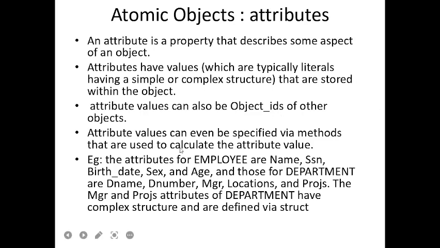Then attribute values can even be specified via methods that are used to calculate the attribute value. Example is the attributes for employee are name, SSN, birth date, sex, age, and those for department, we have seen department also, are D name, D number, manager, locations, and projects.